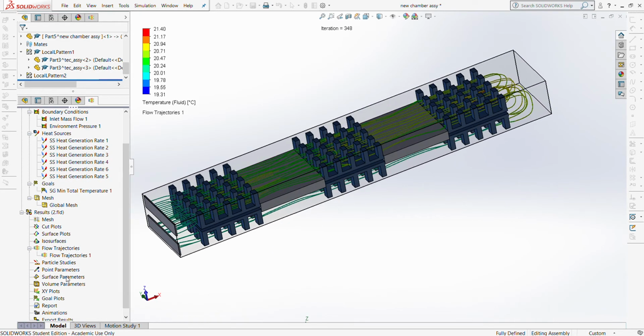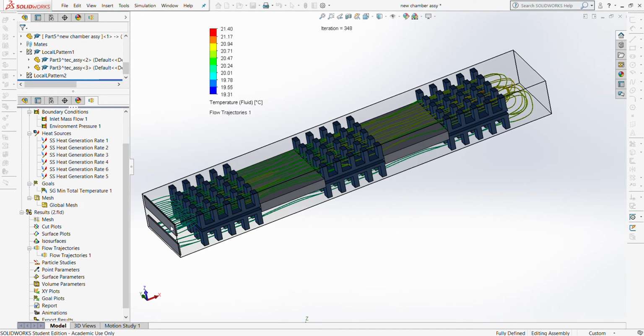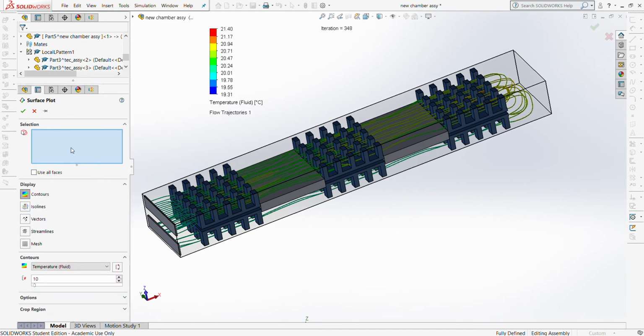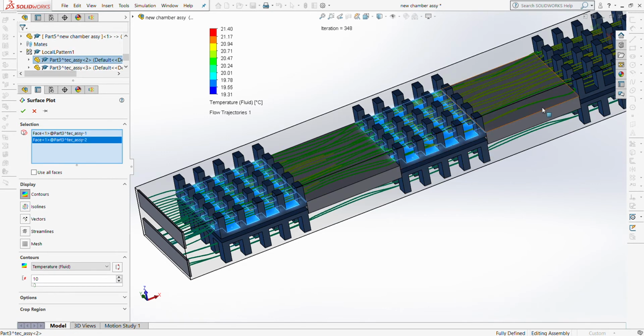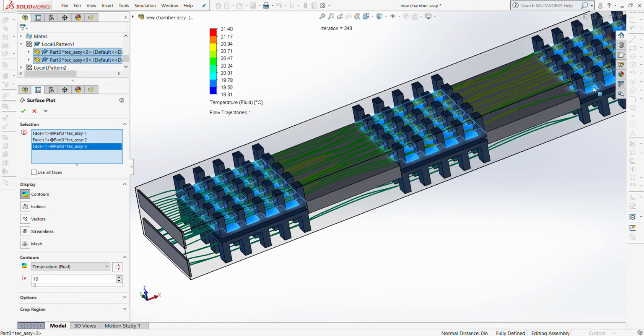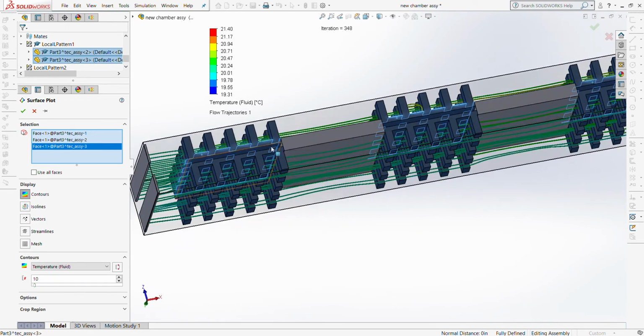So let's go in and look at the temperature of these heat sinks. For that, I have to go to surface plot, insert surface plot, and then select the faces of these sinks. I can select the whole heat sink, but I'm just interested in these faces, which should be the maximums, and then I'm going to select where it should be the minimums.